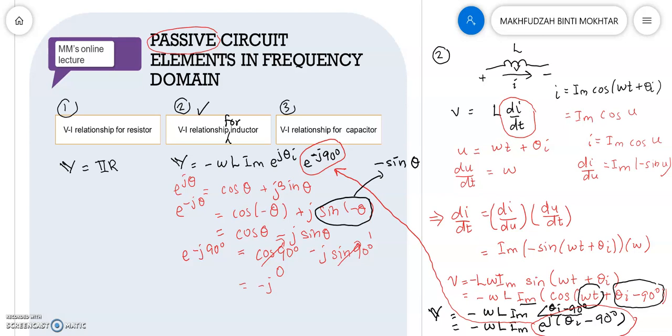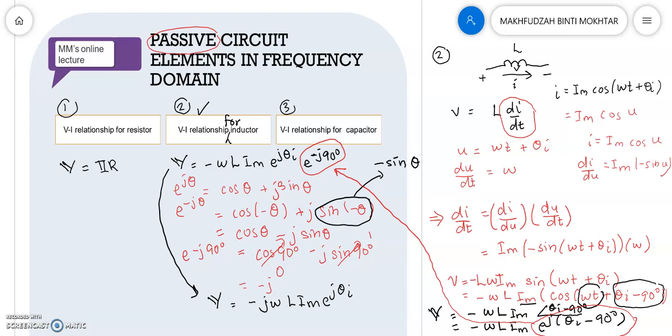So back to the notation of this V, I will have V equals negative j omega L Im exponent j theta I. This is just the same because I am now replacing the exponent negative j 90 degree with negative j.